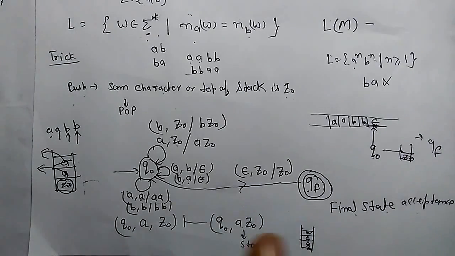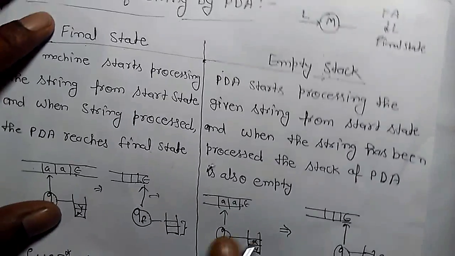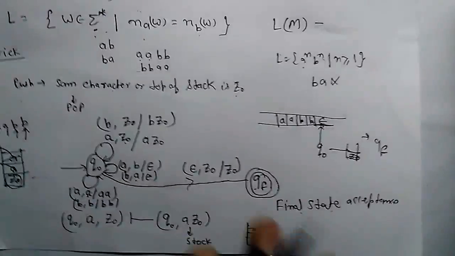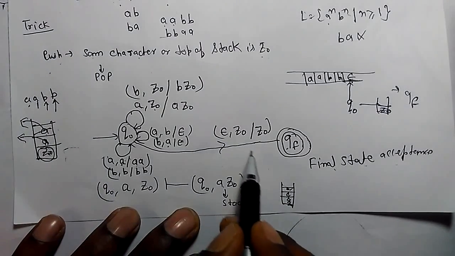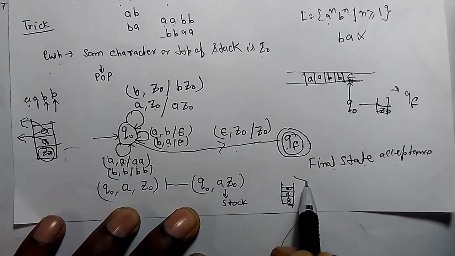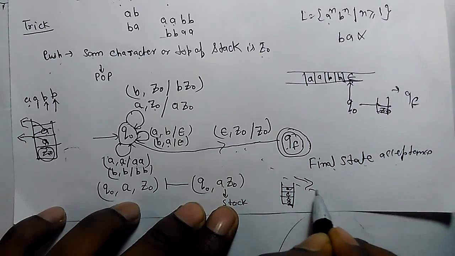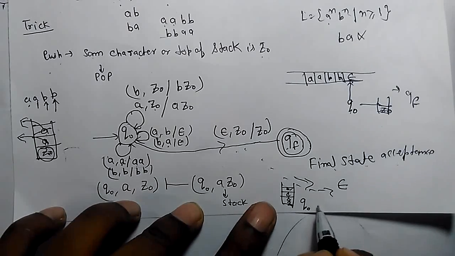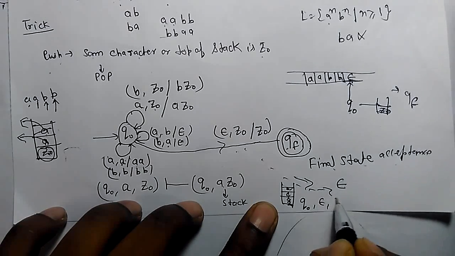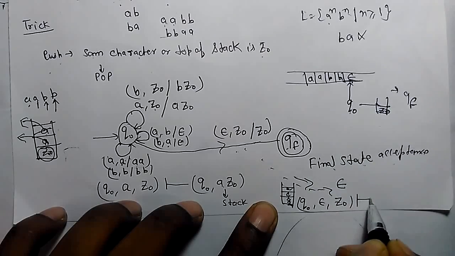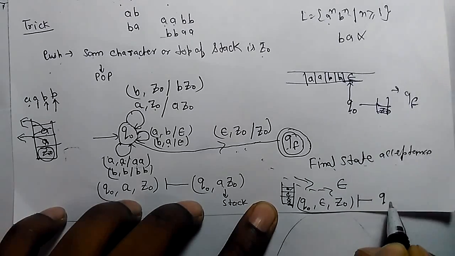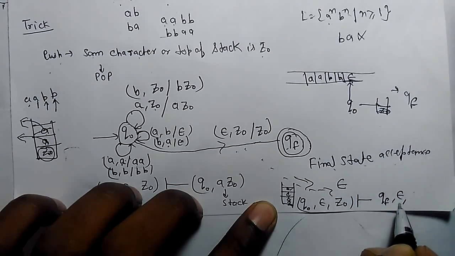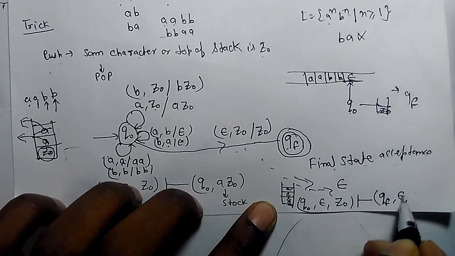You can also convert this PDA into empty stack acceptance. How can it be performed? From this stage you write that if q0 reads epsilon and the top of the stack is Z0, it should move to a new state which is qf and the top of the stack should be epsilon.